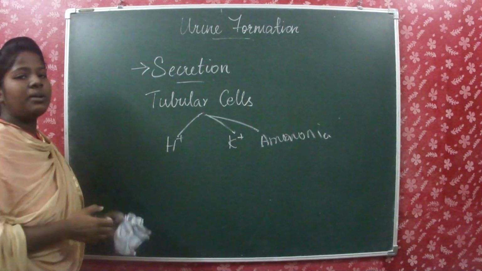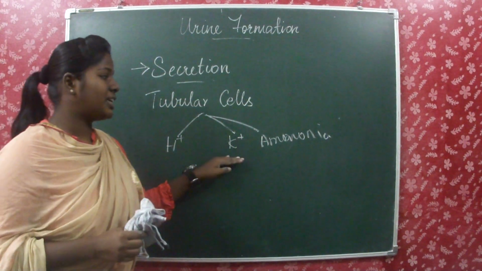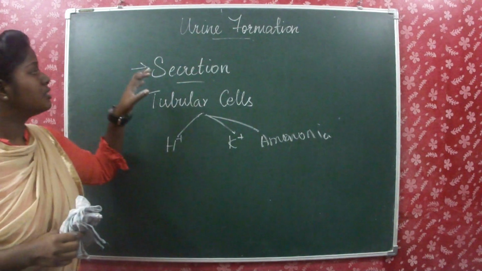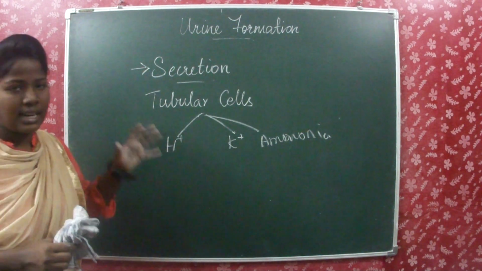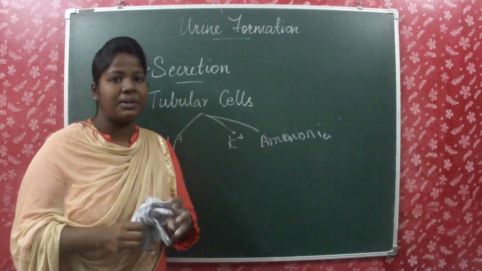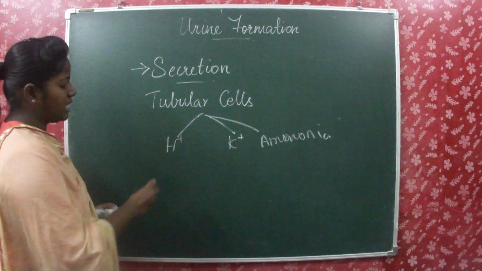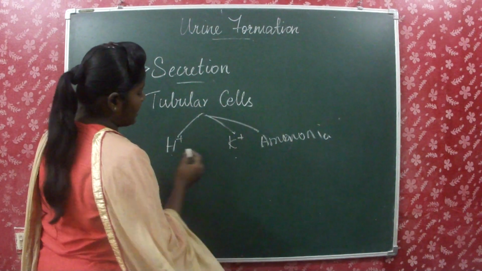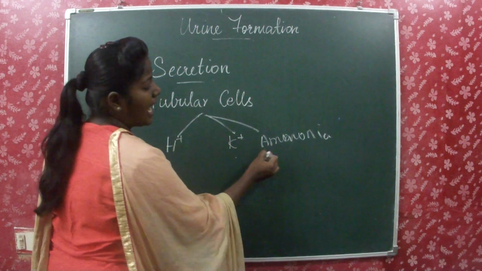So the tubular cells secrete hydrogen, potassium and ammonia. This is the last step. Though it is the last step, it is a very major step in the formation of urine.